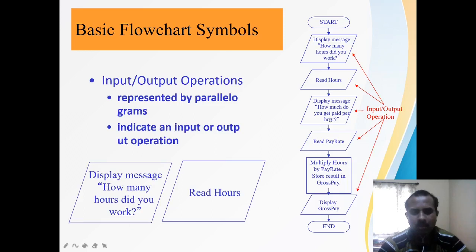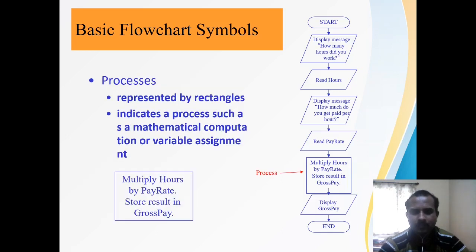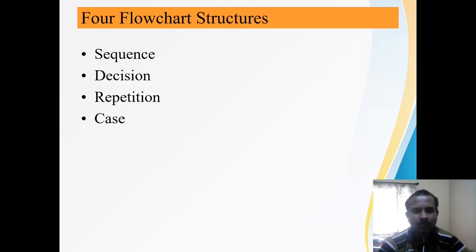Then the parallelogram, as I already mentioned, represents the input and output operations. Process is represented in the rectangle shape, and it is mainly used to perform operations, mathematical operations. Maybe you are assigning values or performing logic operations, those things are applied here.